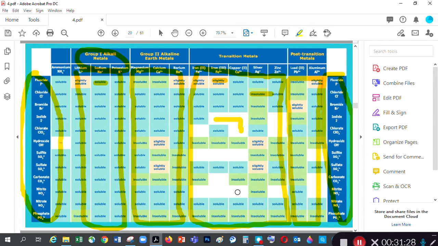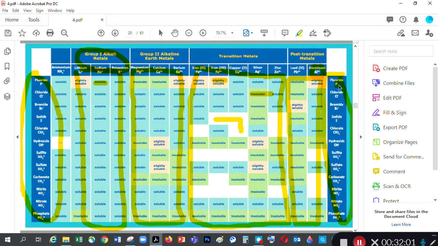You can see the majority of the ions are soluble. All of the blue or light blue, they are soluble. Very few greens, they are not soluble. And the light purple here, they are slightly soluble. Okay, and you are matching this way. Look at this. I have here, for example, aluminum 3, match it with, here it is, fluorine.